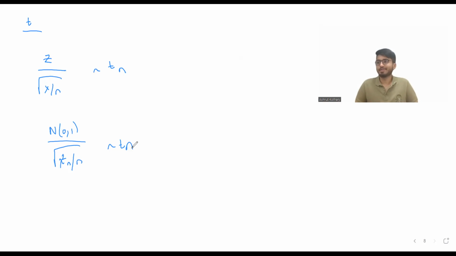So keep in mind three things. One, we have a standard normal, then we have a chi-square, and both of them are independent. Then this particular quantity is said to follow nothing but a Tn distribution, where n is nothing but the parameter.